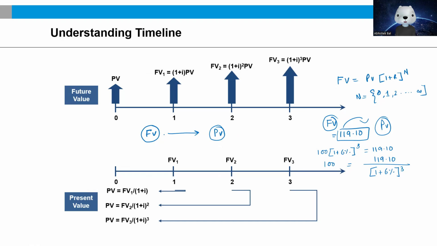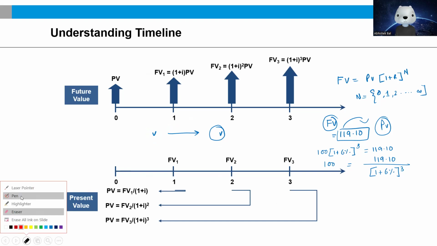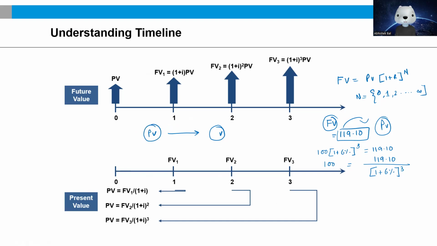Now, when you go from the present value to future value, let me do one thing, because representation-wise, this is better. So we're going to term this as PV because time moves from left to right, assuming.